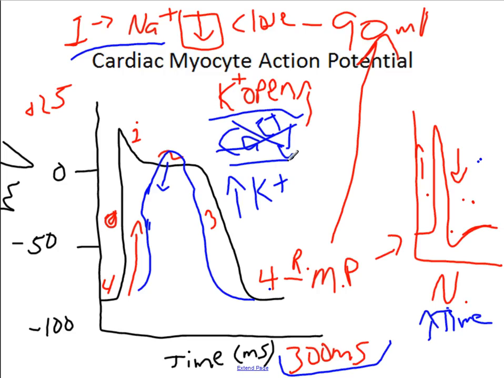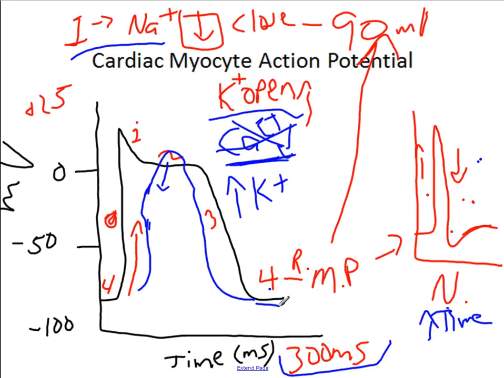Once we get right back down to zero here, these calcium channels are going to open, which maintain this plateau and keep the cell at a charge of about zero. And then eventually these calcium channels are going to close, and more potassium gates will open and more potassium will move out of the cell. And you know how this works. Then we will go back to our resting membrane potential.